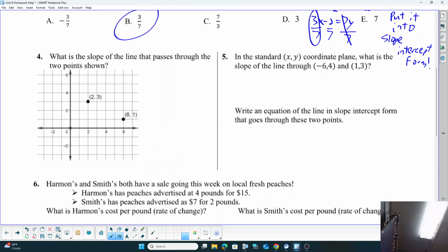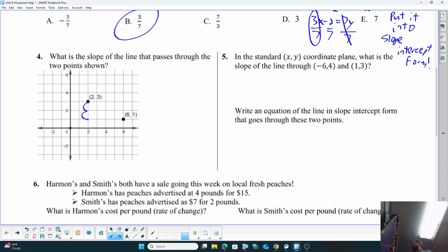Could you do number 4 on your own? Could you do number 5 on your own? Pause me, remember? Try it on your own. So how do you find the slope given 2 points? You could do y2 minus y1 over x2 minus x1, or you could count it off. Rise over run.